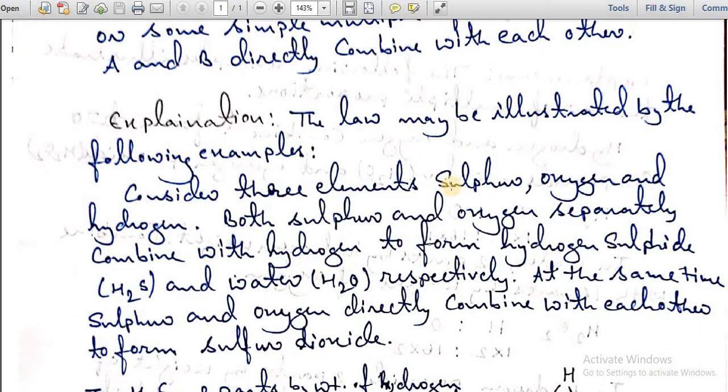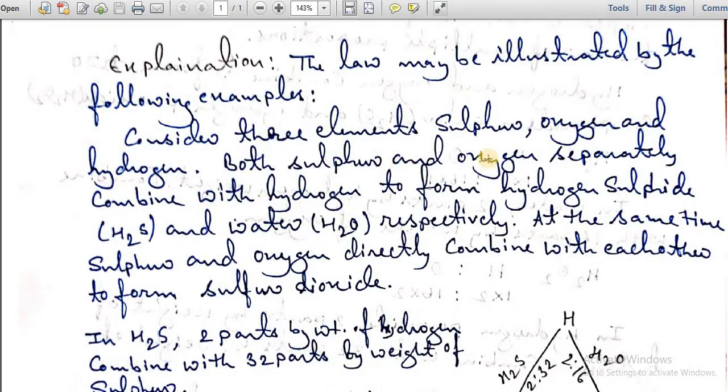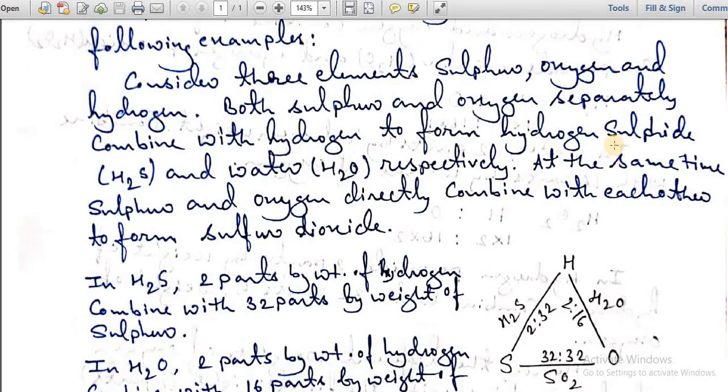Say for example, consider 3 elements: sulfur, oxygen and hydrogen. Both sulfur and oxygen can separately combine with hydrogen. So sulfur can combine with hydrogen, and oxygen can also combine with hydrogen, to form hydrogen sulfide and water.